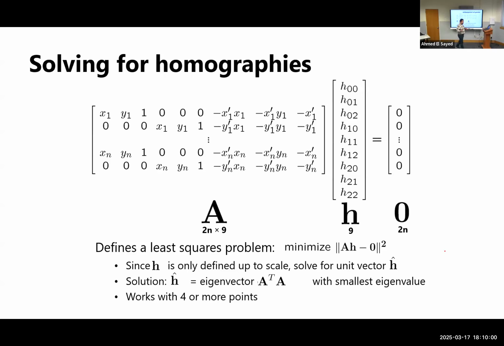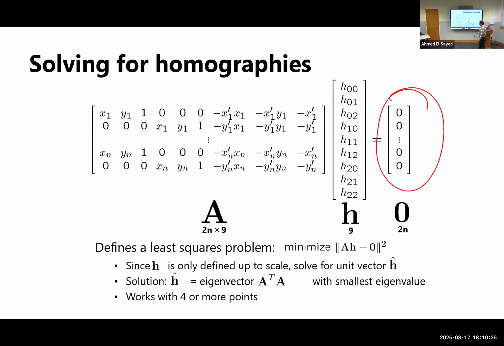Can I solve it the same way? The answer is no. Because here, I'm having what? A zero equation. Here I don't have b on the other side. So I can apply the inverse and multiply? No, I can't. Then how will I solve it? I'm trying now to find the non-zero value of h that produces the zero value for this.